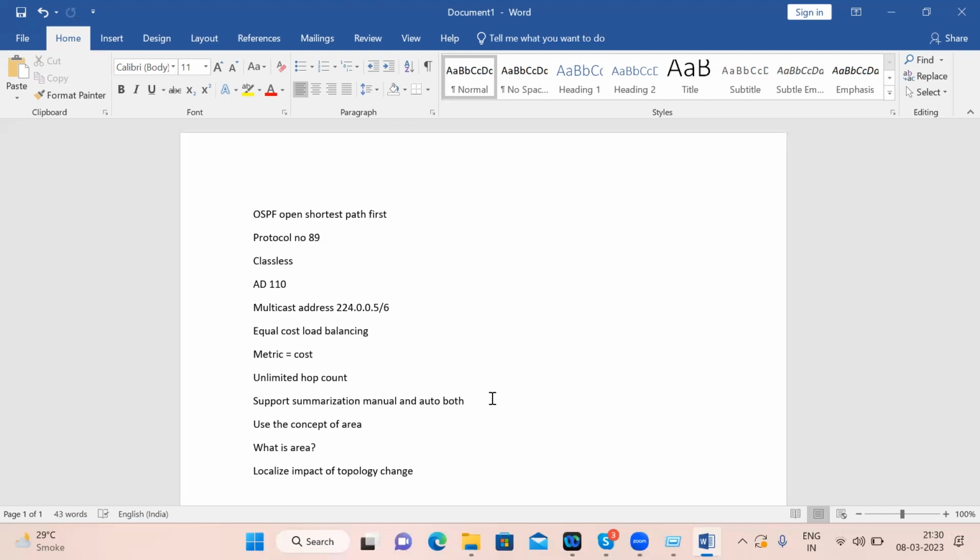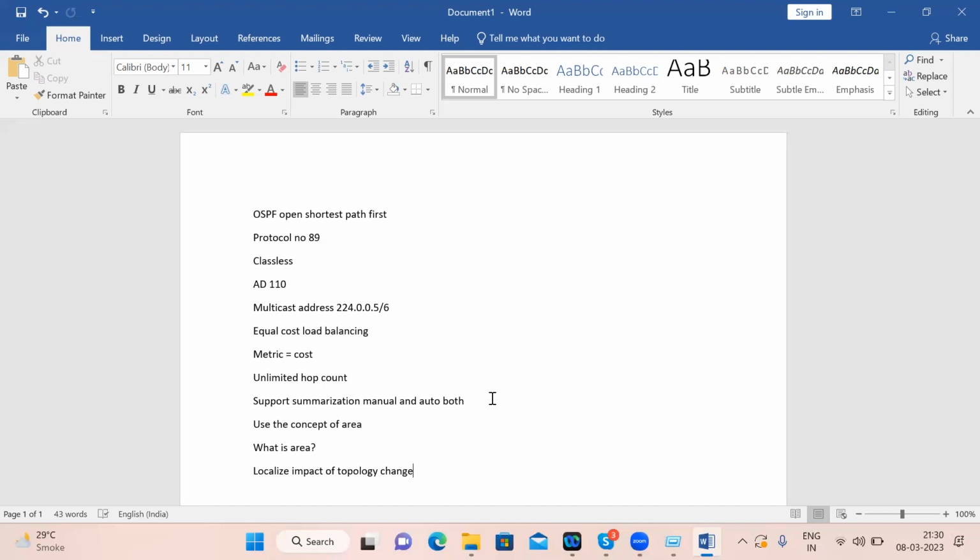Localized impact of topology change. OSPF uses the concept of area. You can create areas from 0 to 4.2 billion in the complete OSPF topology.